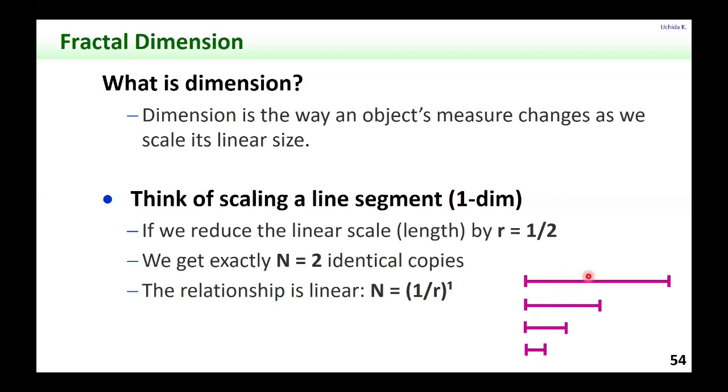If we reduce it to half, then we have exactly two such smaller, shorter segments, right? N equals 2. And this happens all the time. If we reduce by 2, we have two sets. Here, the equation is N equals r to the power of 1.